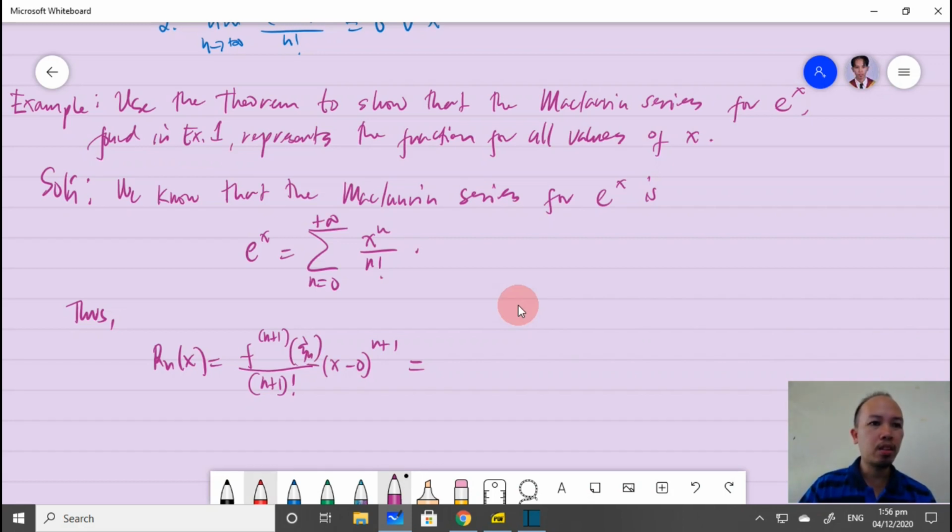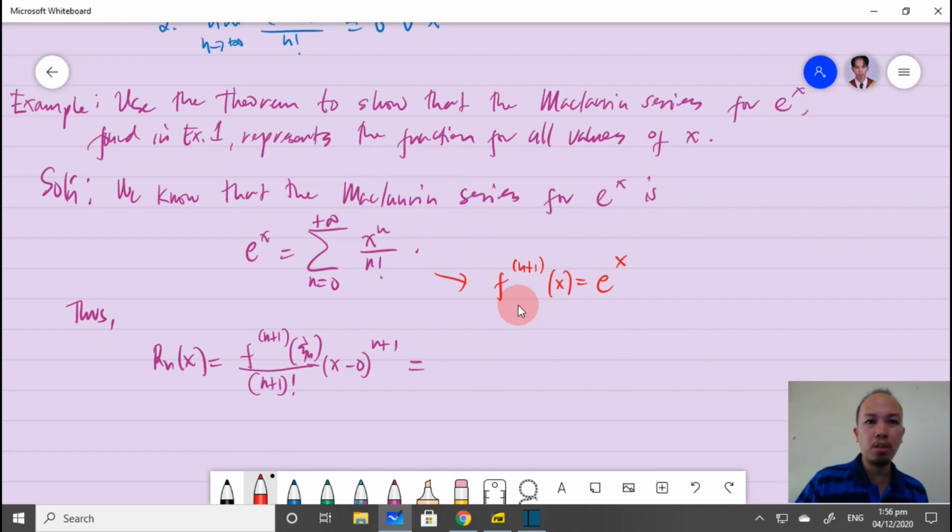We know that the n plus 1 derivative is equal to e to the x.